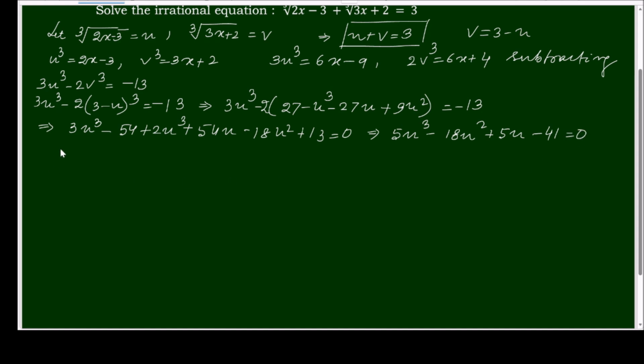So applying the factor theorem, u equals 1. See that p of u equals 5 minus 18 plus 54 minus 41 equals 0. So u minus 1 is a factor.